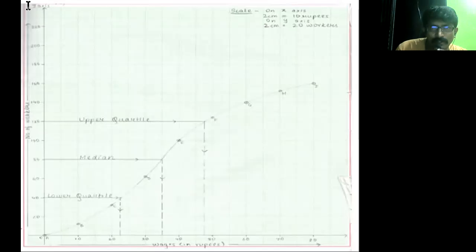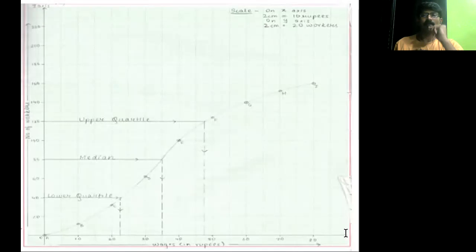Once you are done with the y axis and x axis, you have to write what these were. On the x axis there were wages, rupees per day, and here these are the number of workers going in the upward direction on the y axis. You understood?